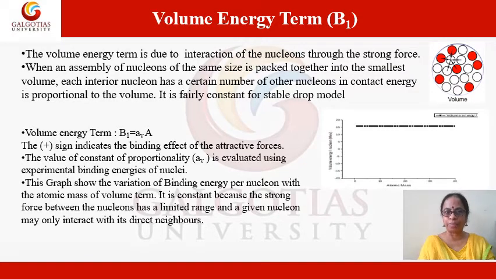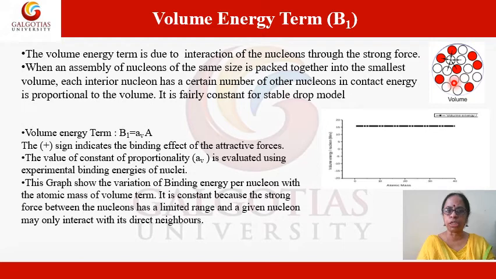Now we will discuss the volume energy term B1. The volume energy term arises from the interaction of the nucleons through the strong force. When an assembly of nucleons of the same size is packed together into the smallest volume, each interior nucleon has a certain number of other nucleons in contact.